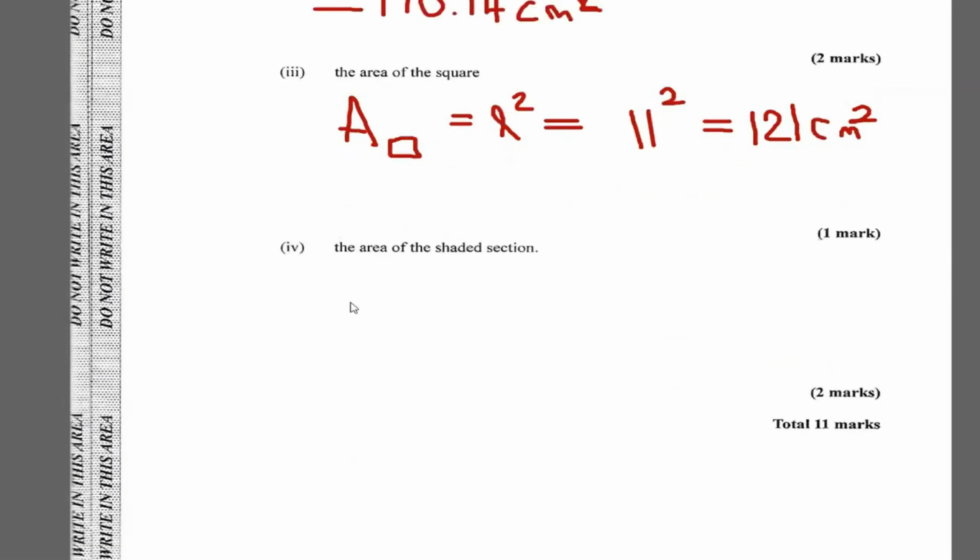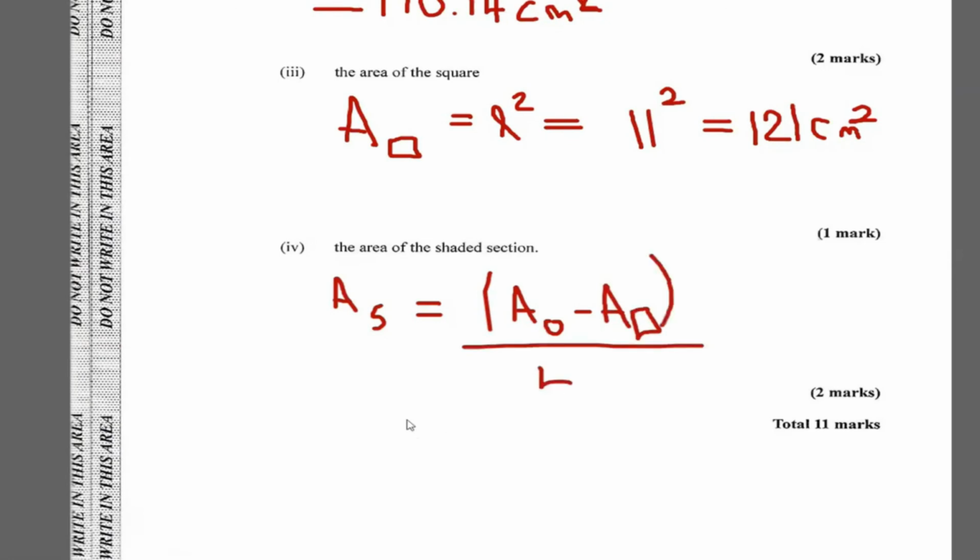So the area shaded, I'm going to call it area of S. AS is equal to, first you need to work out the area of the circle minus the area of the square, and then that result you divide by 4 to get the area shaded. So we'll work it out.